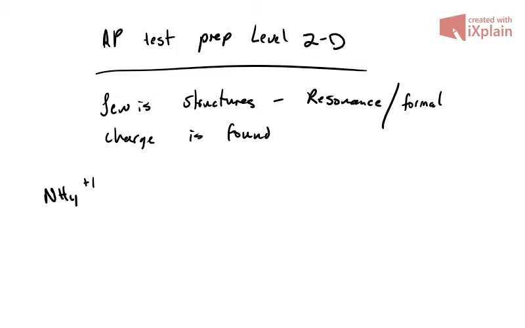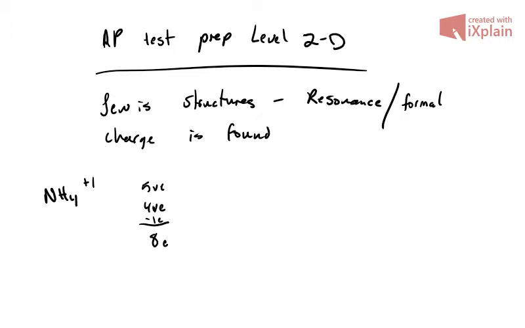So we have nitrogen, which has 5 valence electrons. We have 4 hydrogens, which each have 1, so that's 4 valence electrons. Now we have a +1 charge, and so we have to get rid of one of those electrons, so it would be a total of -1 electron, and then that would be a total of 8 electrons.